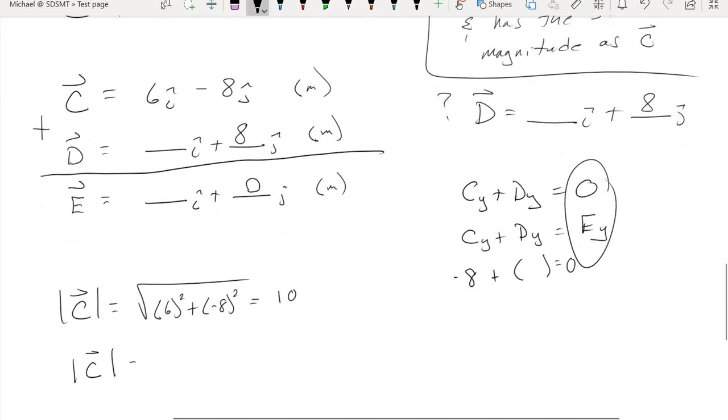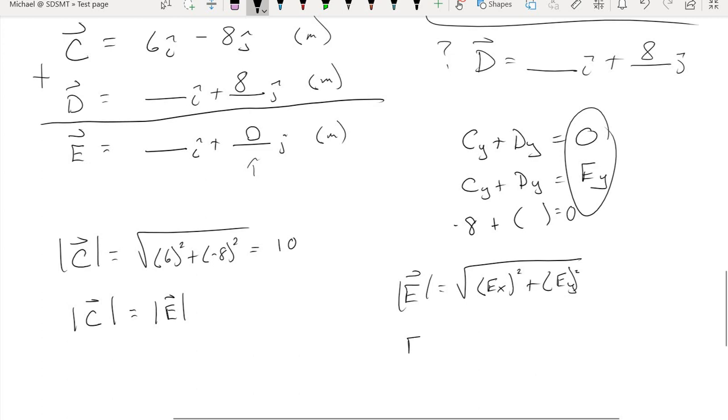Magnitude of vector C has to equal magnitude of vector E. Well, the magnitude of vector E would be the square root of the sum of the squares of the components of vector E, except that vector E has a y component that is equal to 0.